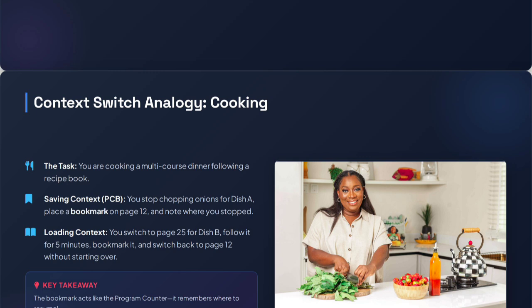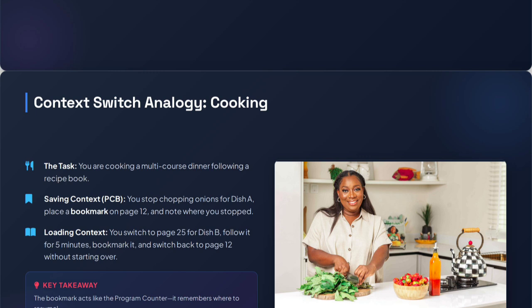Imagine you are cooking a complex meal while studying for an exam. First, you are reading a textbook, then you need to check the stove. You put a bookmark in your book or write down where you stopped. Second, you walk over to tend to the pot. Third, when you return to study, you don't start from the first page.